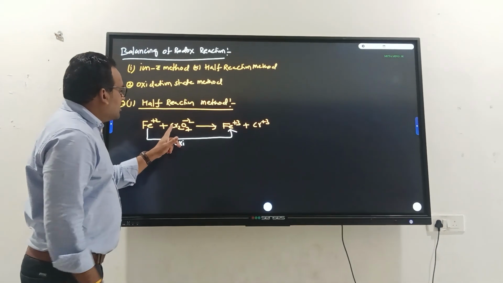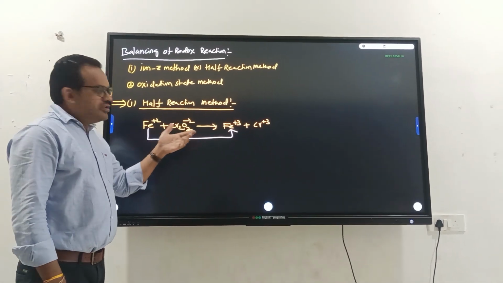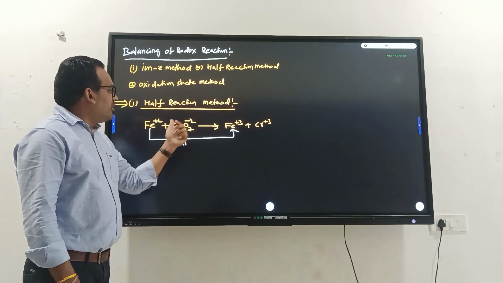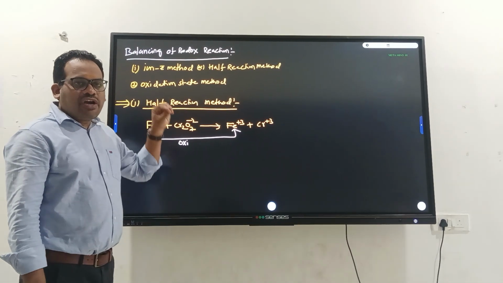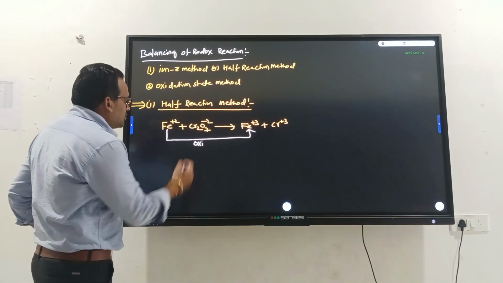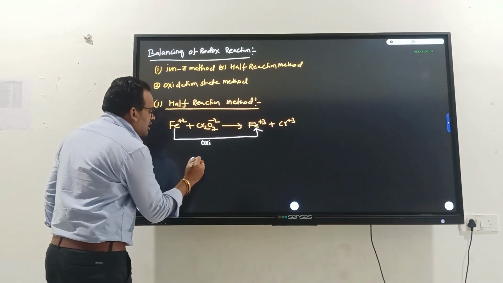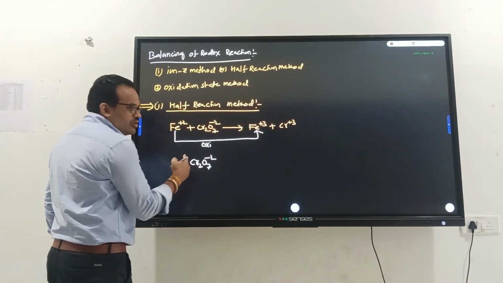Now from here to here, what will happen, children? Here to here we don't know. Why, children? Here there is no oxidation state given. So in this case, first you have to find the oxidation state of Cr2O7 2-. Here chromium we have to find out.